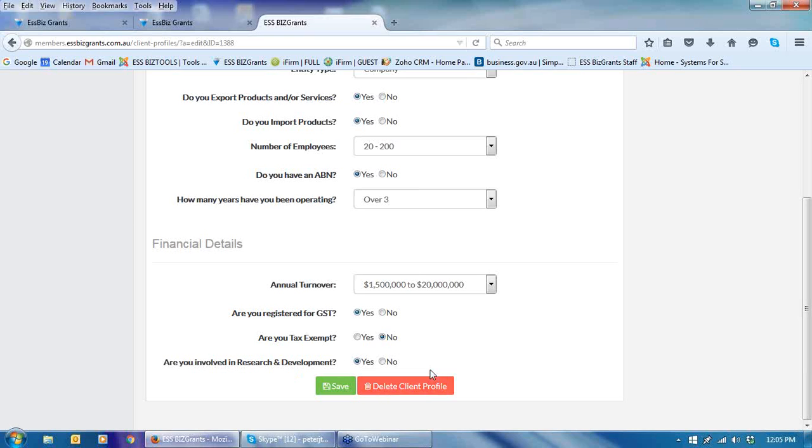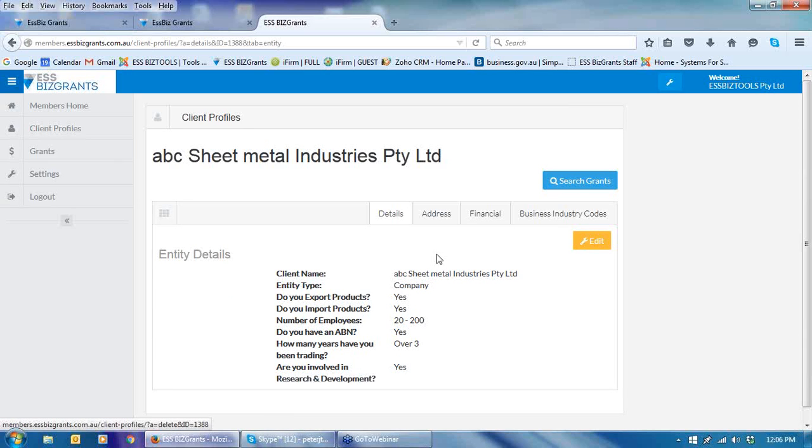But at this stage, we're not really interested in whether they've spent more than $20,000 or in fact whether they are a company, because someone undertaking research and development could be targeted for some of the other grants, particularly Accelerating Commercialization that I'm going to discuss with you shortly. So we've answered yes to that because this business does do research and development every year. So we'll save that.